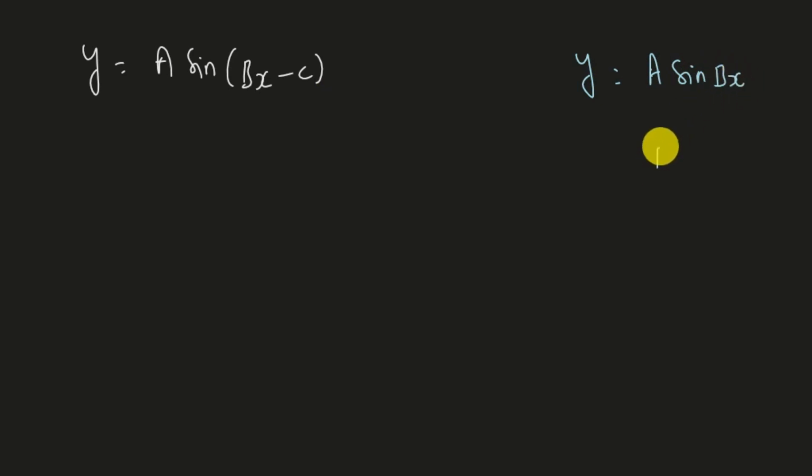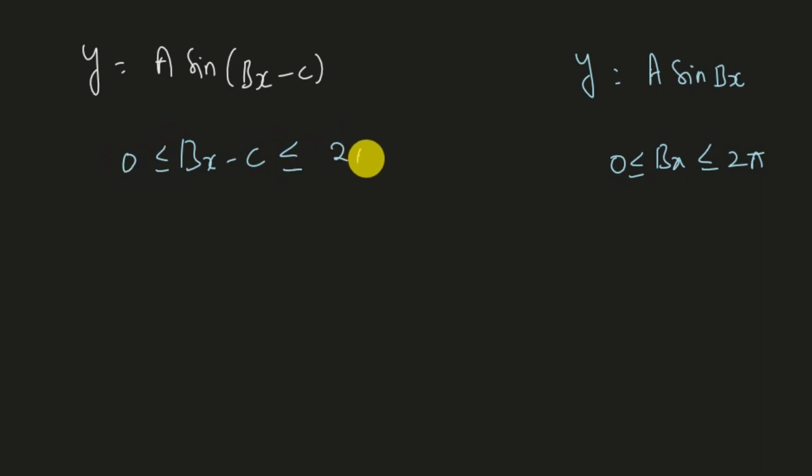Now we have one more variation for y equals sine x. In the variation we have y equals a sine (bx minus c). Now here what would be the period? We know that for y equals a sine bx, we have written that bx is greater than or equal to 0, less than or equal to 2 pi. Similarly here we can write that bx minus c is greater than or equal to 0, less than or equal to 2 pi.